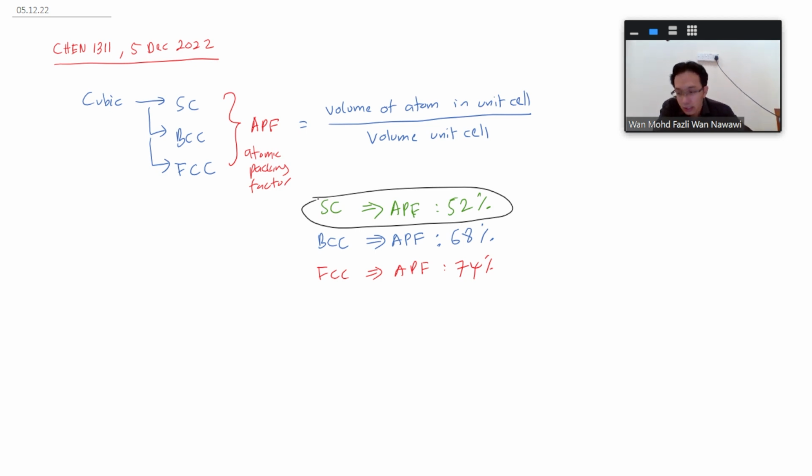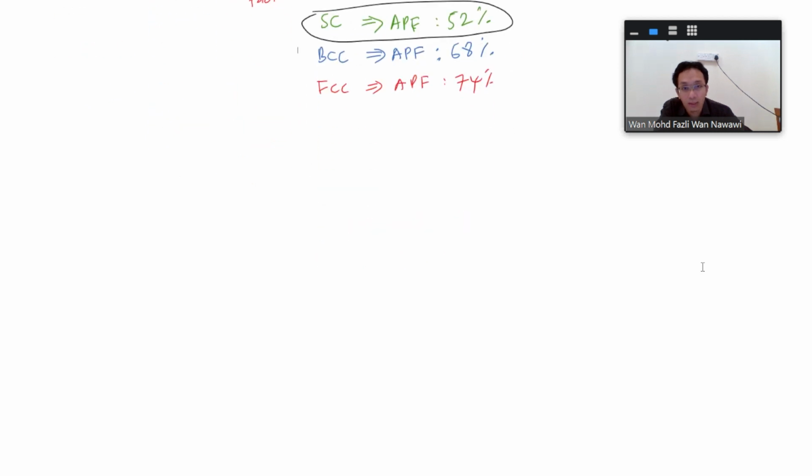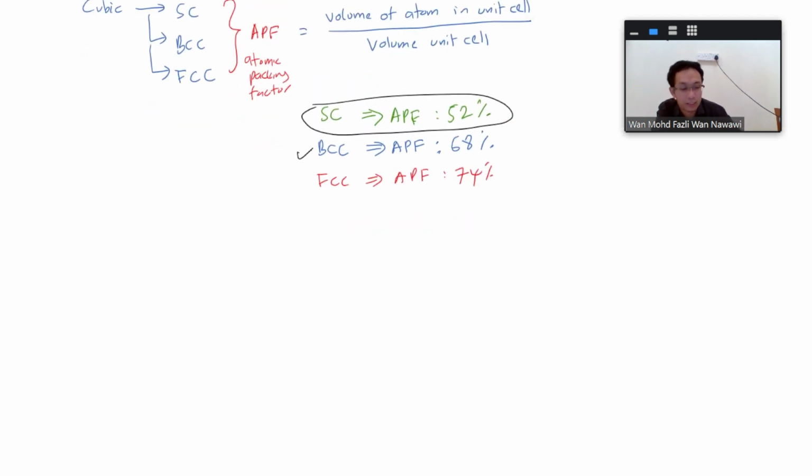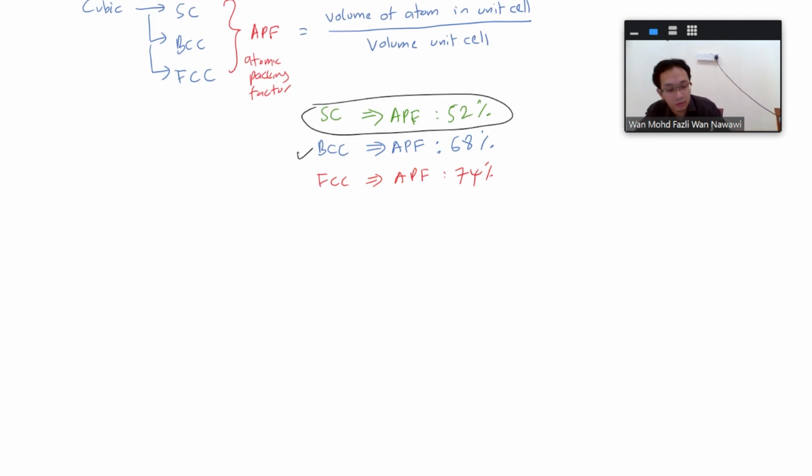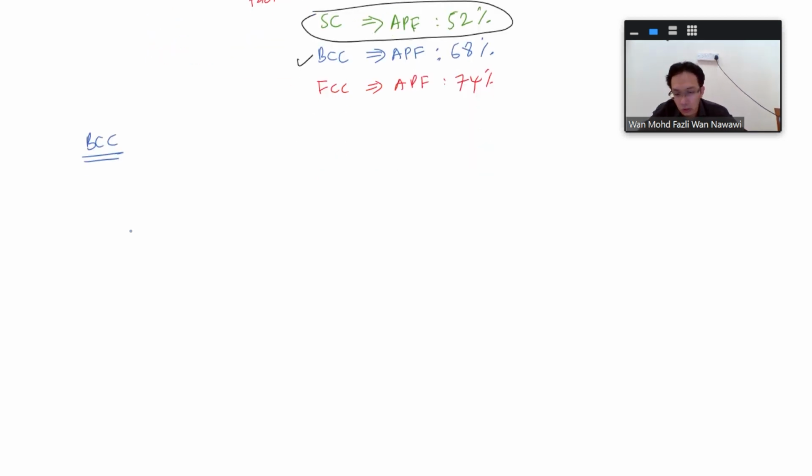Okay, so let's do some calculation on the BCC, how to find the APF, atomic packing factor, for the body center cubic. In order to do that, as usual, it is a cubic, so you need to draw a cube like this.